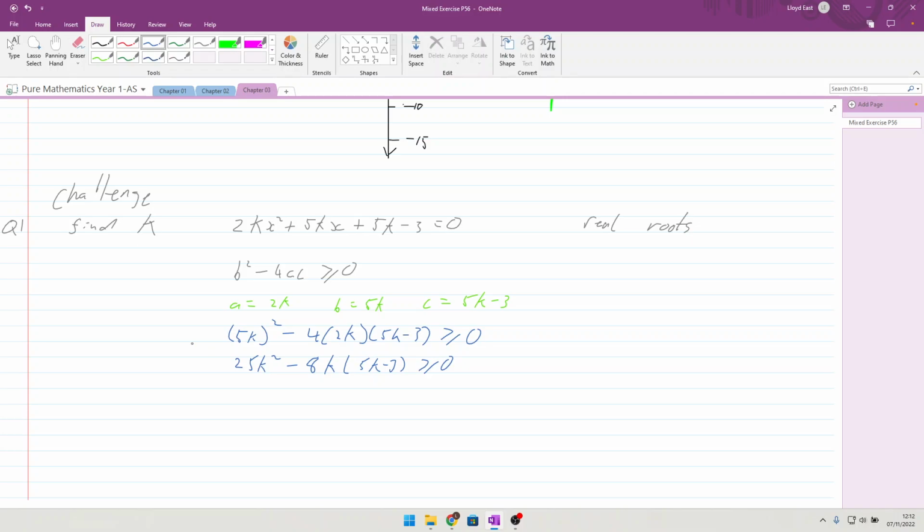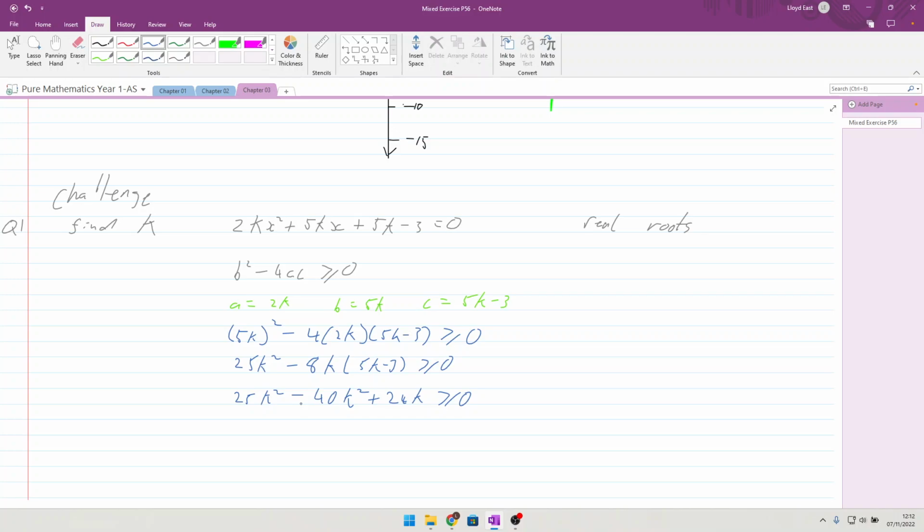Okay, and now multiply that out, so we end up with 25k squared minus 40k squared plus 24k. Is that everything? I think so. Greater than or equal to 0.